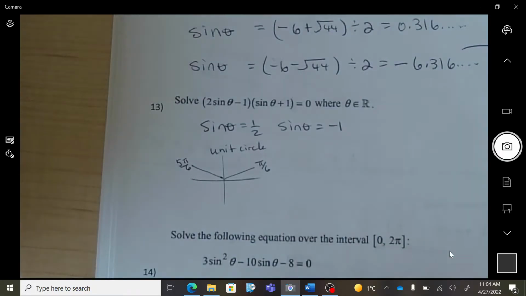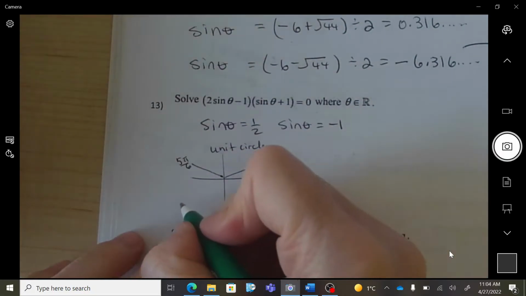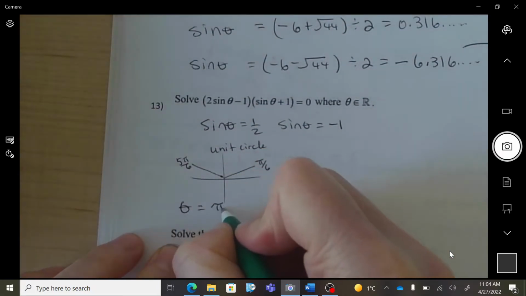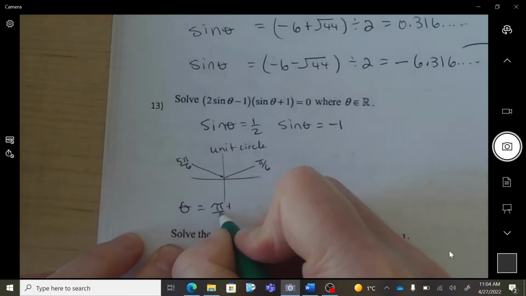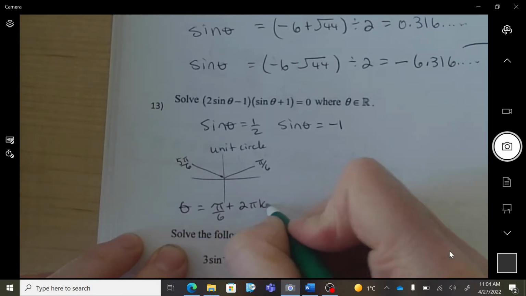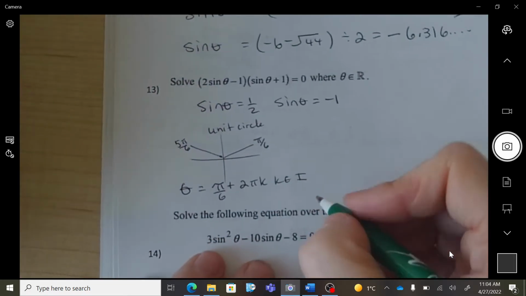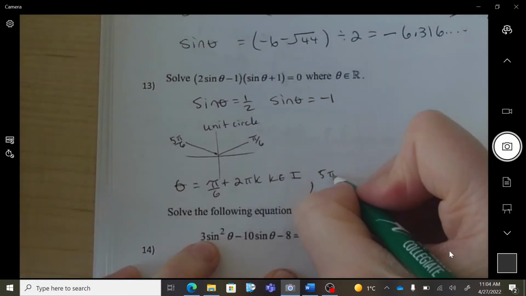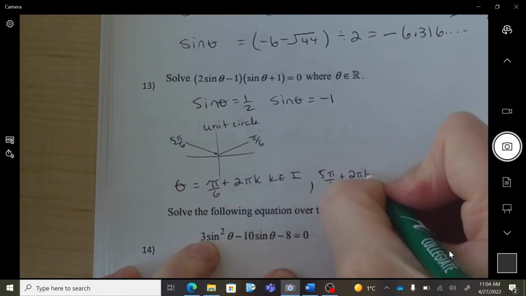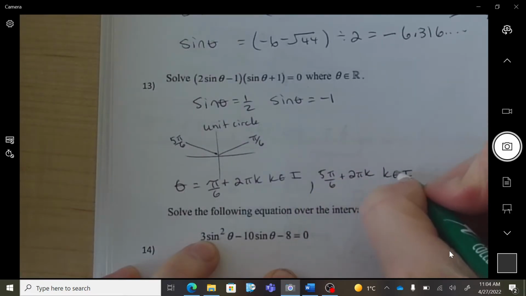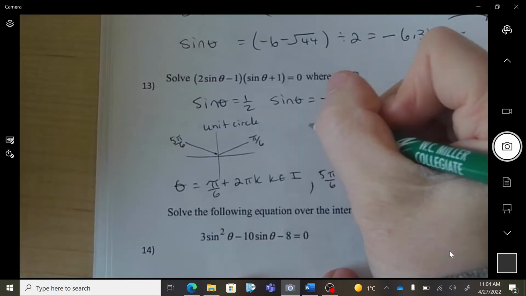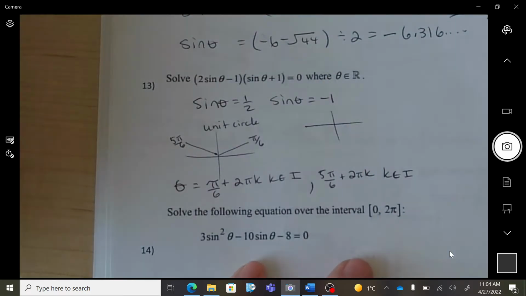This is all real values, so I'm going to have to include the revolutions. So the angle equals pi over 6 plus 2 pi k. K is any integer. And 5 pi over 6 plus any revolutions. Sine of -1 is also on my unit circle.